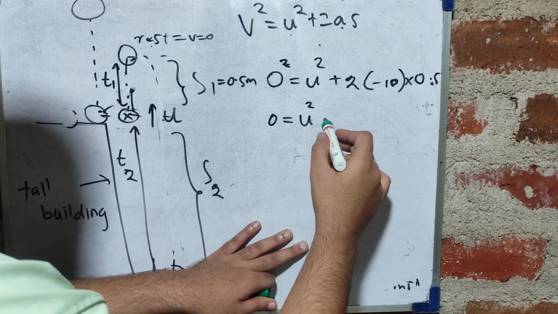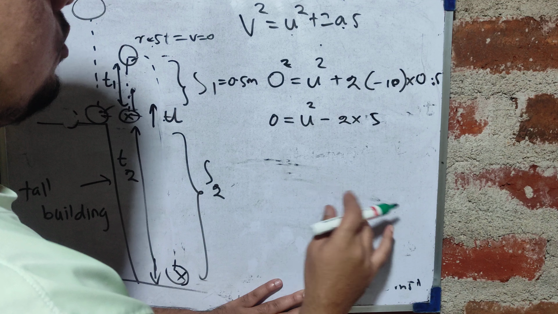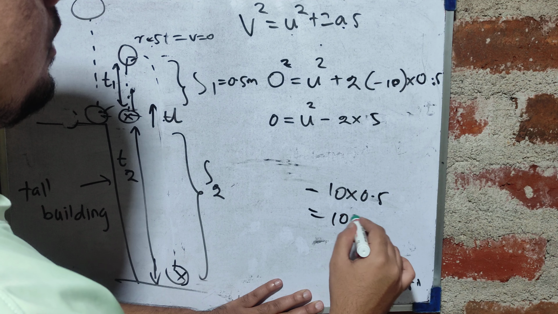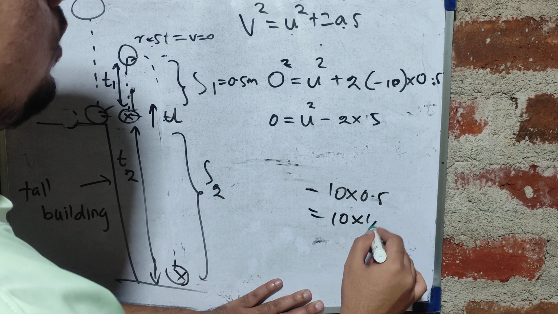Here I have one zero, so I can take this decimal to this side, so it's going to be 5. Or else you can think in this way: 0.5 is equal to half, so 10 into half is 5. Those are mathematics.